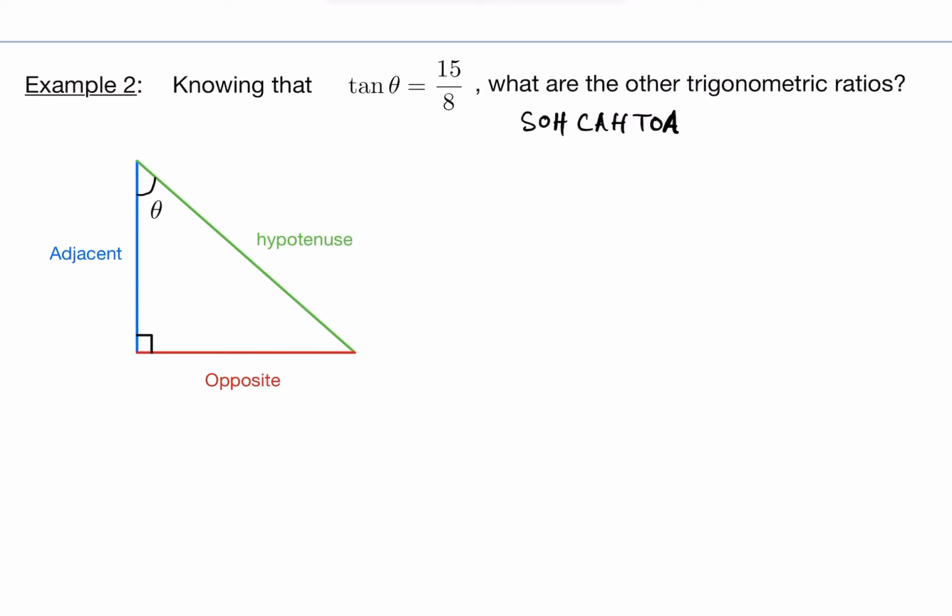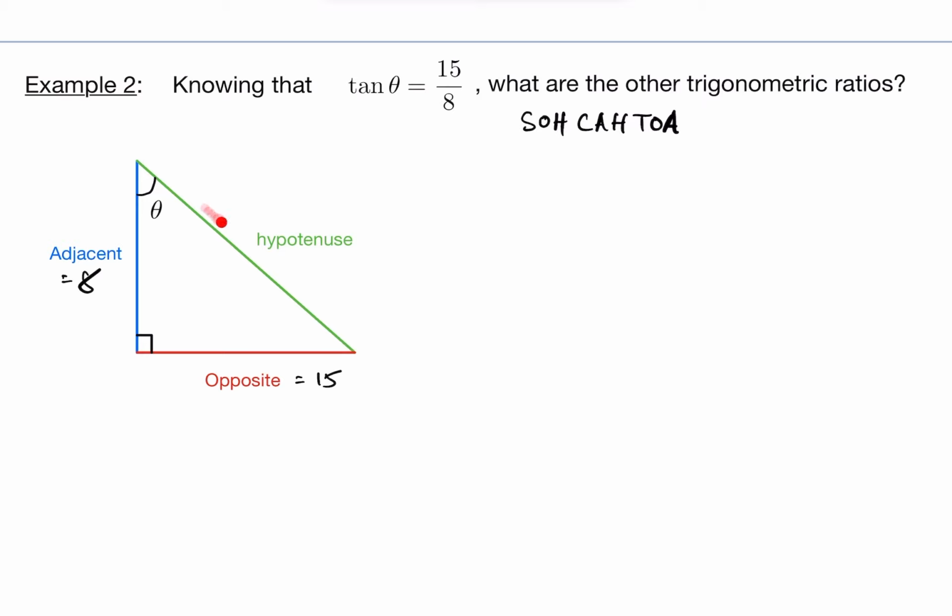Tangent means opposite over adjacent. So we can go ahead and label these. Opposite is going to be 15, and adjacent is going to equal 8. Now all we need to do is solve for the hypotenuse, and once we have that, we can establish the remaining 5 trigonometric ratios. Okay, well, how do we do that?